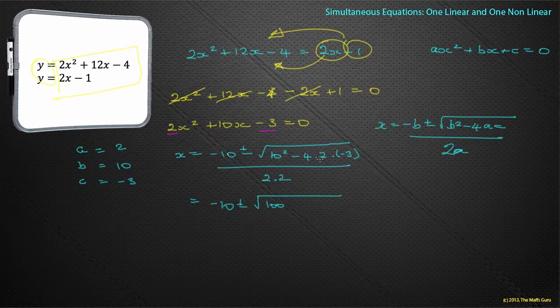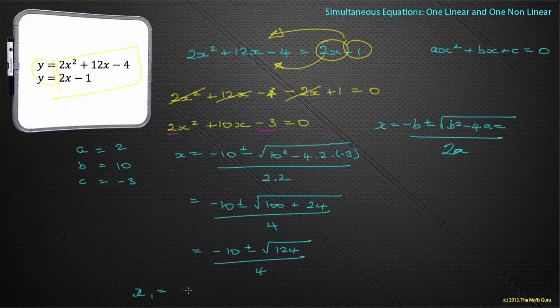Well, minus 4 times 2 is minus 8, minus 8 times minus 3 is 24, so that becomes minus 10 plus or minus the square root of 124, divided by 4, which gives an x1 value of 0.284 and an x2 value of minus 5.28.